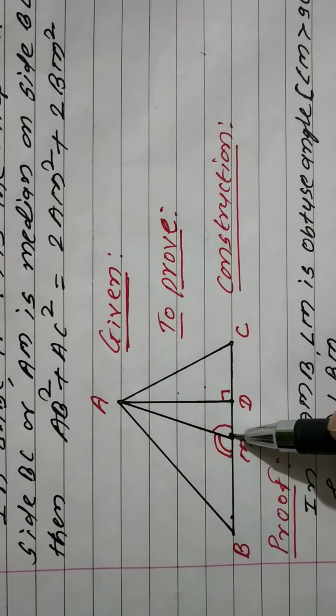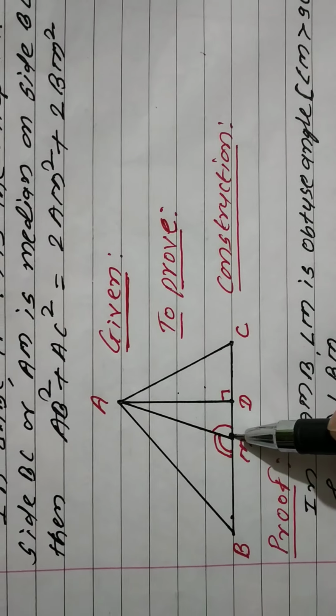By using application of Pythagoras theorem, angle M is obtuse angle, its opposite side AB square is equal to the sum of the squares of the remaining two sides, AM square plus BM square plus 2 times BM into MD. Equation first.